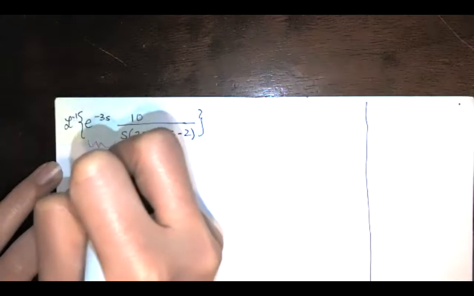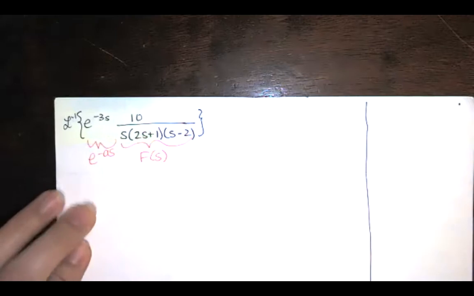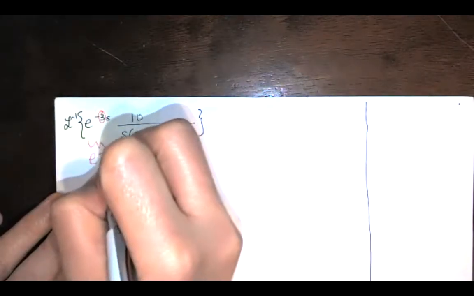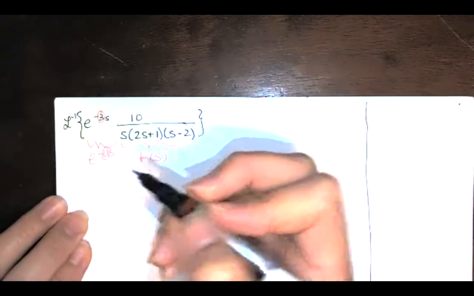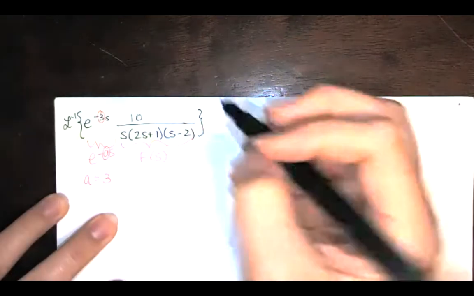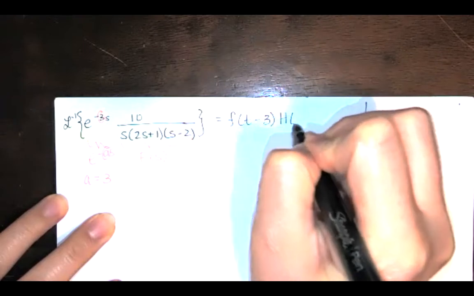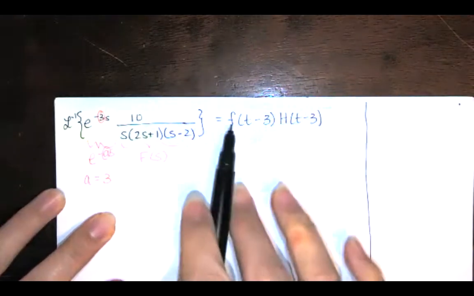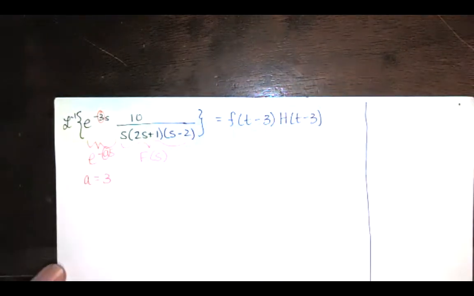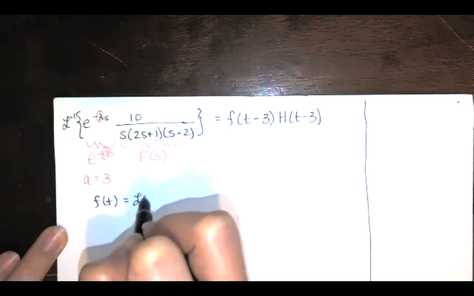Well, if I'm pattern matching, and this is my e to the negative as, and this is my F of s, first thing I notice is that I've got a 3 multiplying my s there, and that has to be the a multiplying over here. So a must be 3. So according to our rule, we'll get f of t minus 3 times h of t minus 3, where f of t is the inverse transform of this. So we need to compute that now.